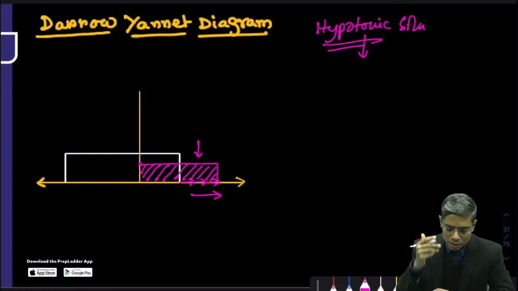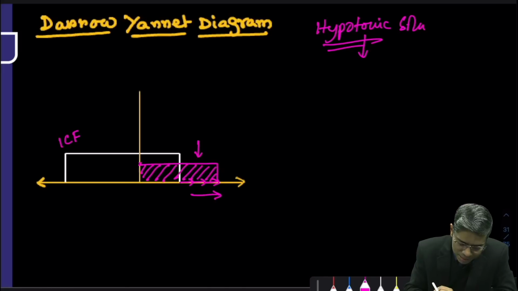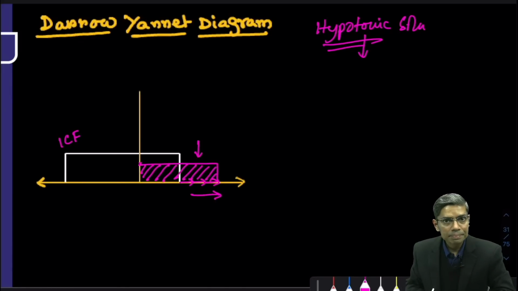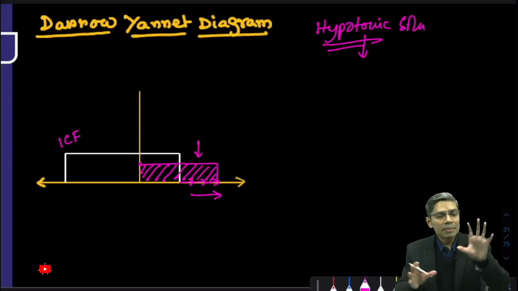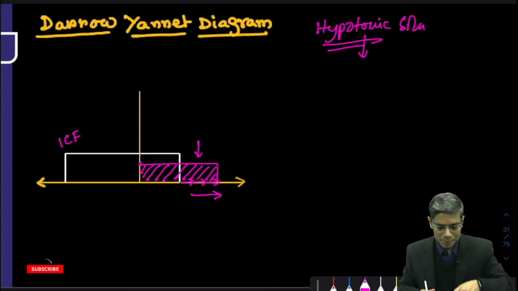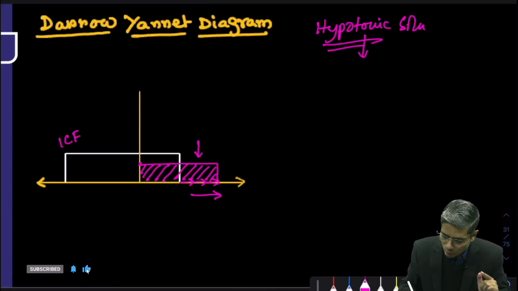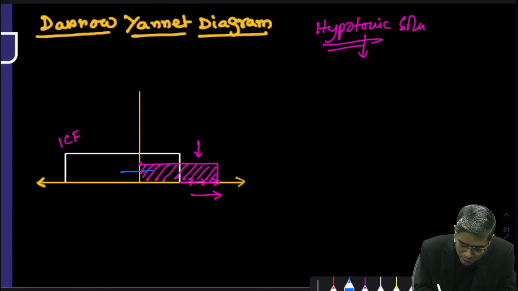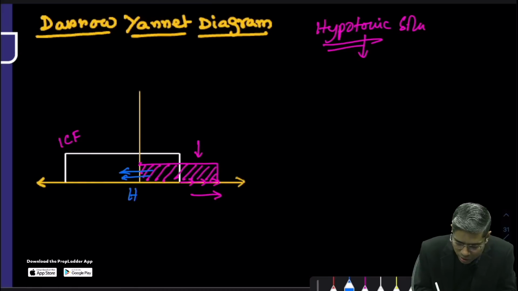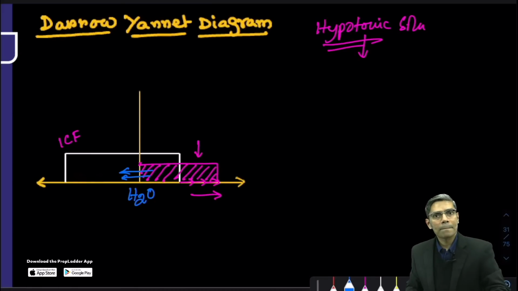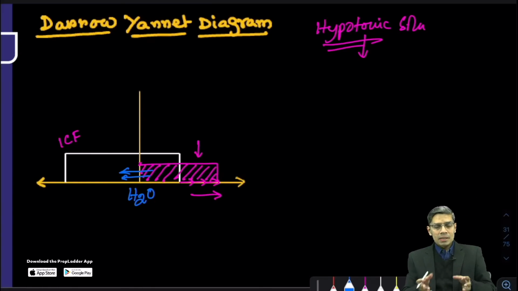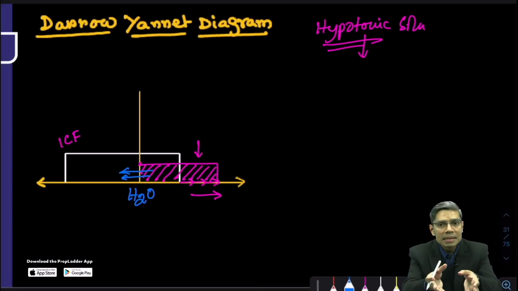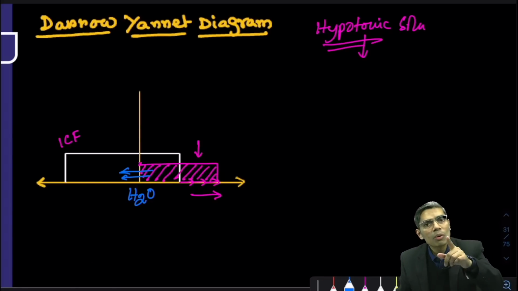Whenever the tonicity of the ICF is higher than the ECF tonicity, there will be osmosis. Osmosis means water will move from low solute concentration to high solute concentration. So whenever the ECF is hypotonic, water will move from ECF to ICF. Only water.